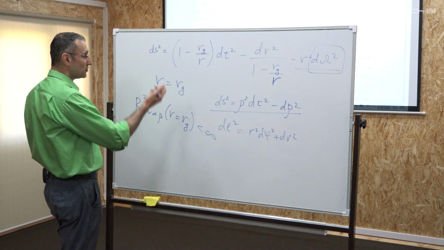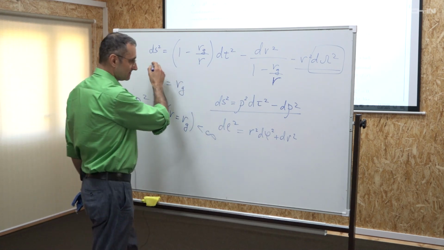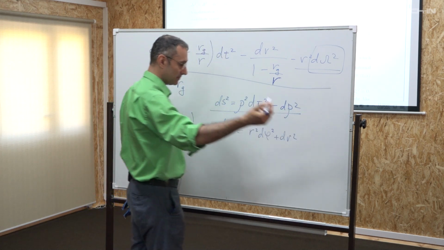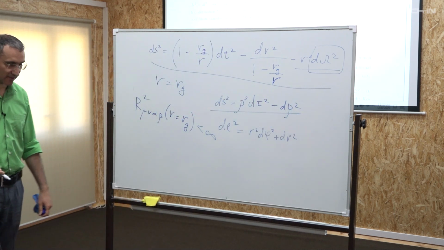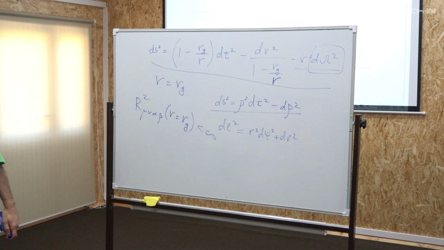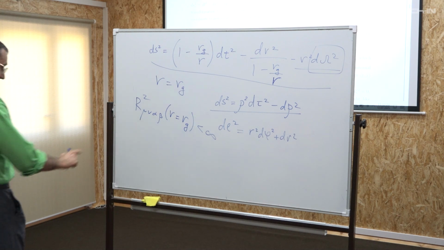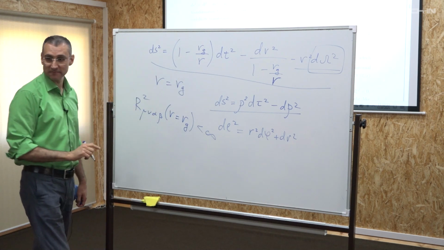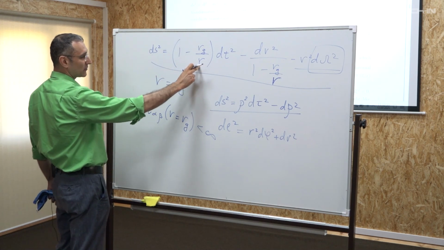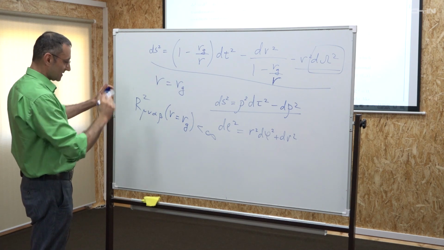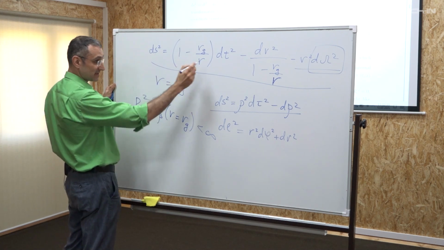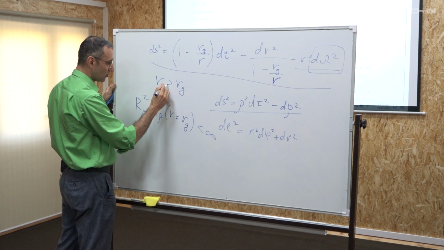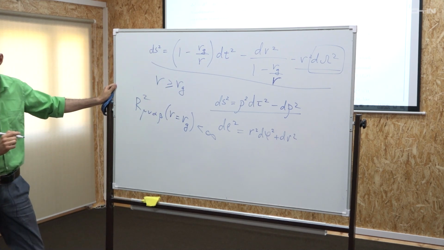Nevertheless, if you extend your space-time behind the horizon, which we will discuss in a moment, the Riemann squared blows up as r goes to 0. But let me stress one thing, that this metric is applicable only for r greater than r_g.